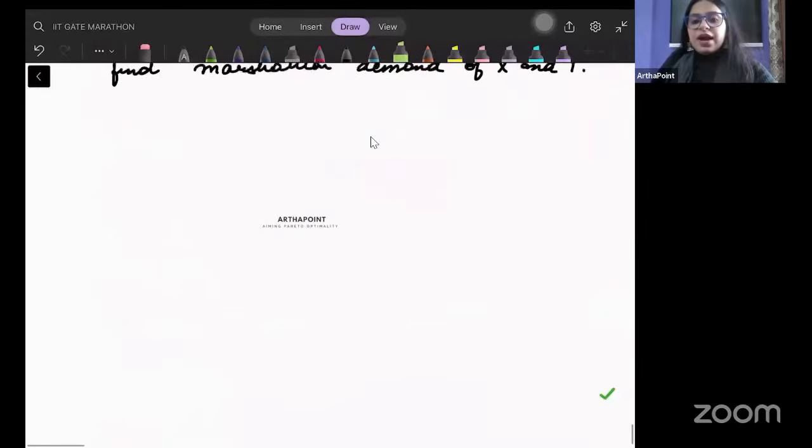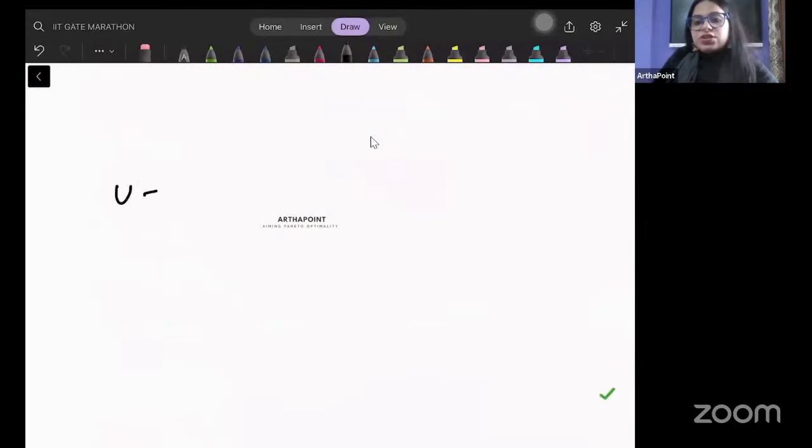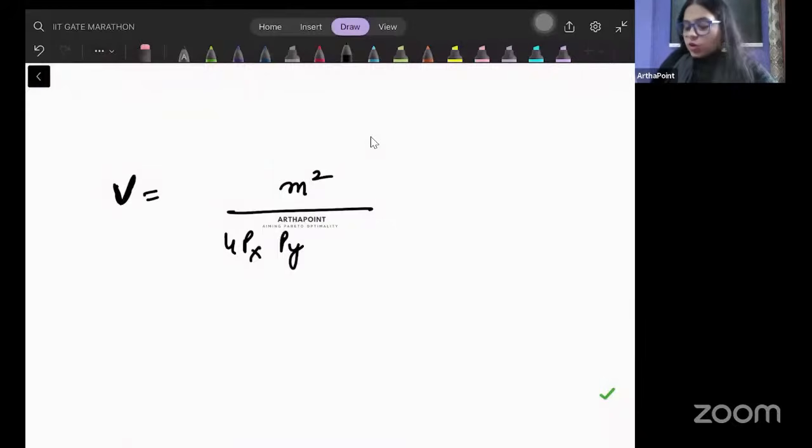Suppose in exam आपको एक indirect utility function दे दिया गया, that m square by 4 px py. Consider this as your indirect utility function. और यहां से उन्होंने बोल दिया calculate x star.